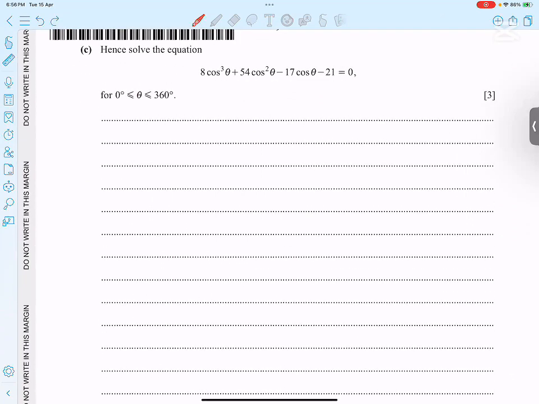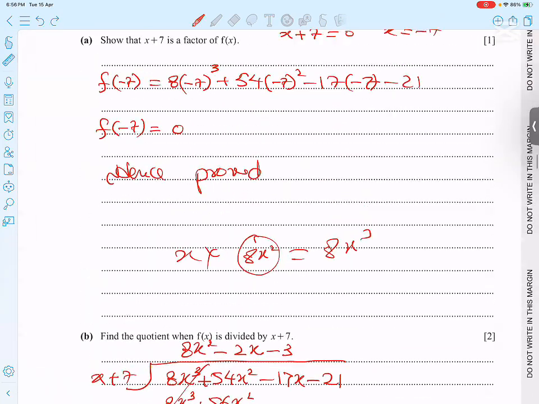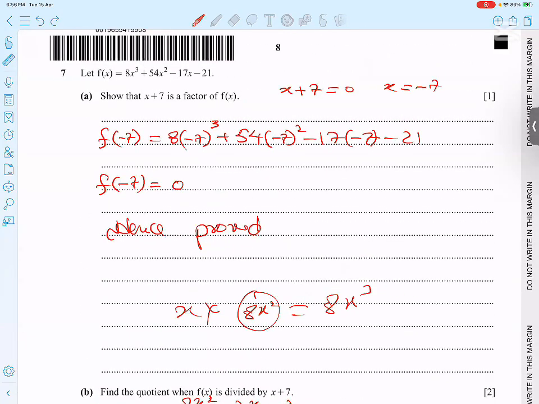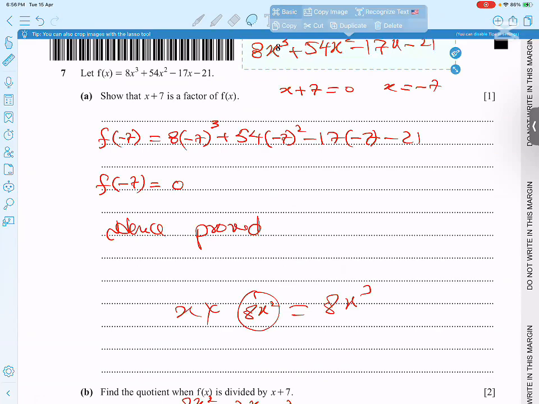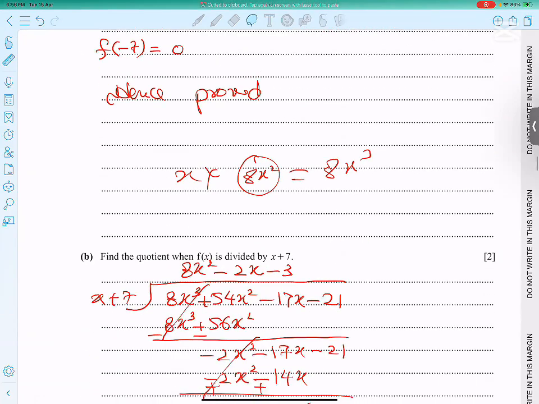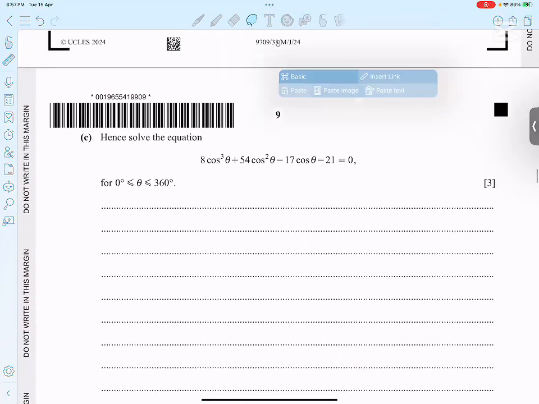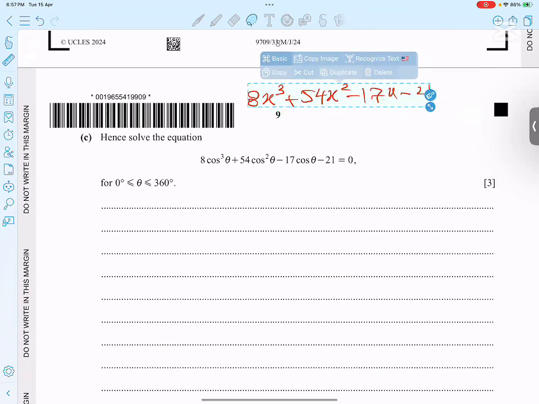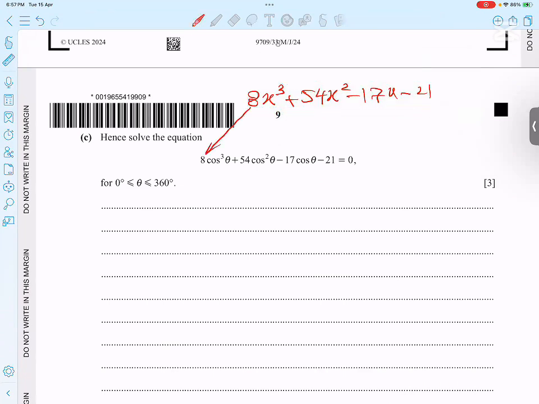But if you see carefully, there is connectivity between this part and the previous part. If I show you, 8x cube plus 54x to power 2, negative 17x, negative 21. So if I show this whole and bring it here, you can see a comparison. So this is 8 same, and x cube become cos cube, 54 same, this cos cube, 7, everything same.